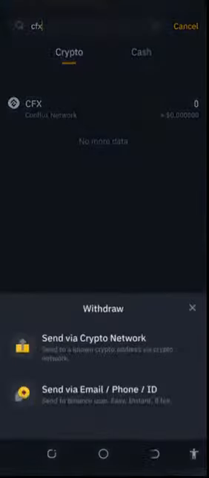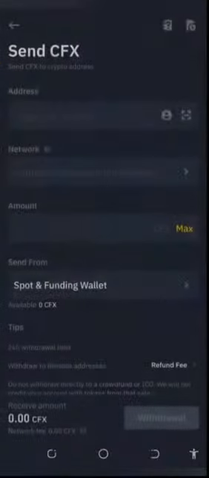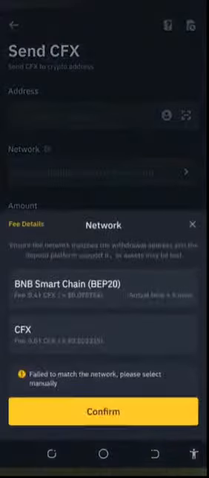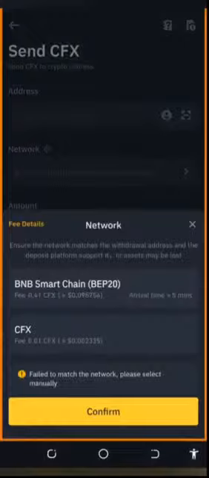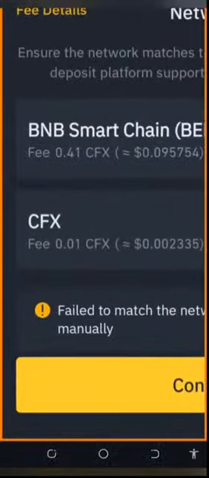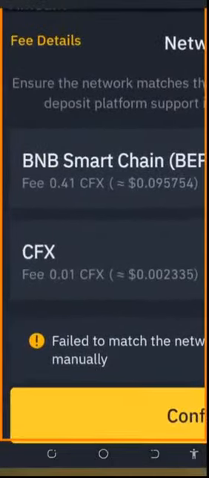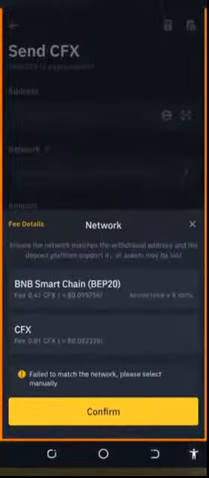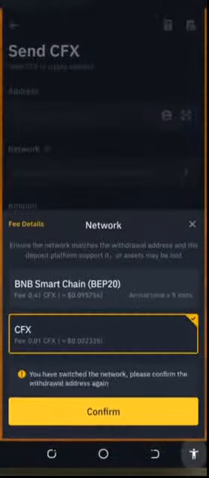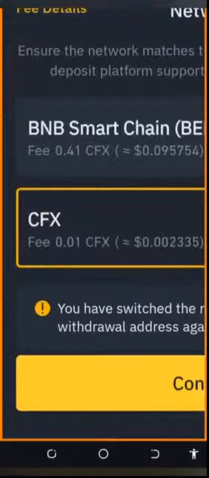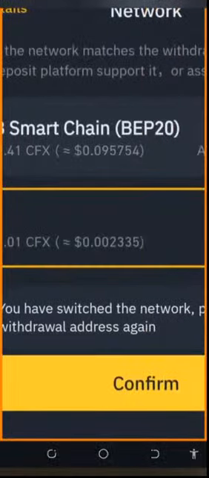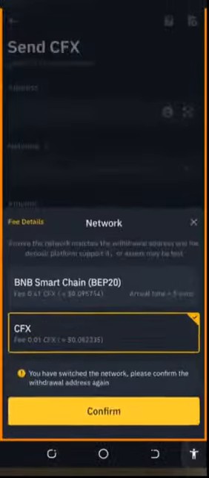All right, Conflux network. So what is it to withdraw it? We have BEP20 and we have CFX. I'm not seeing eSpace, but I'm seeing CFX. So let's click on CFX. How much is it? It's just about 0.002. That's less than 1 cent.